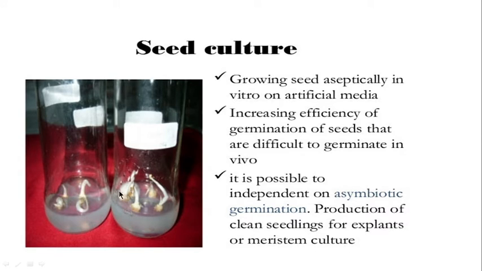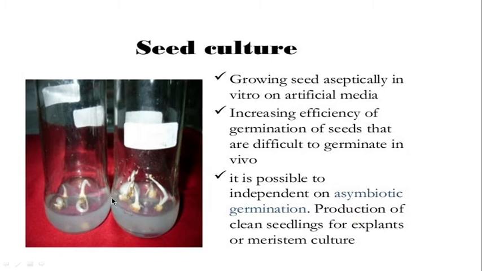So if proper uniform conditions are given to those seeds which are very difficult to germinate in vivo, and if they are growing properly, and the germination or culturing takes place under strict aseptic conditions, then they will be free from contamination, and the seedlings produced from that are also clean and free from contamination.